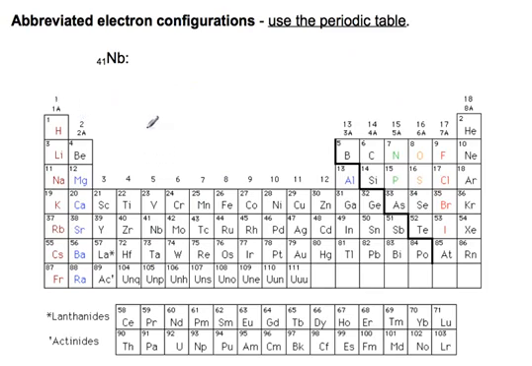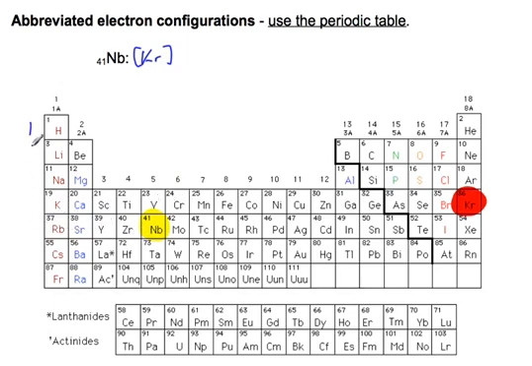Now let's try this one. Nb. Do you know what Nb is? Well, Nb is niobium. And niobium is element number 41, so it's right there. Again, using the periodic table, we can read the electron configuration. But if we're doing abbreviated, there's the noble gas we want to use, and that's krypton. So it's Kr, square brackets, again, that's the specificity I'm looking for, and we have to add these electrons.